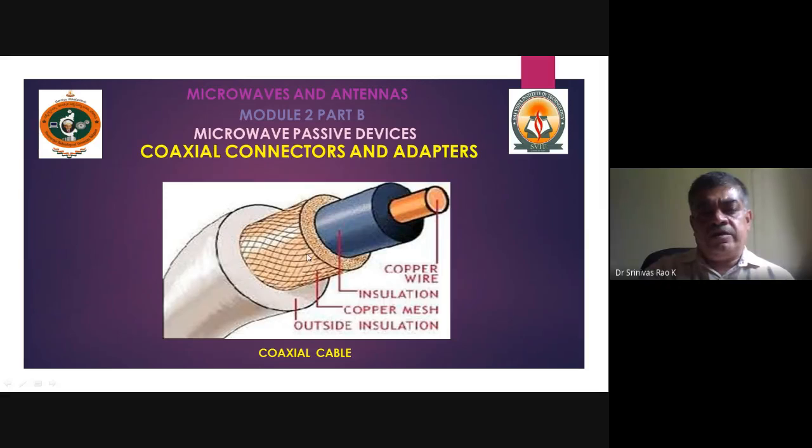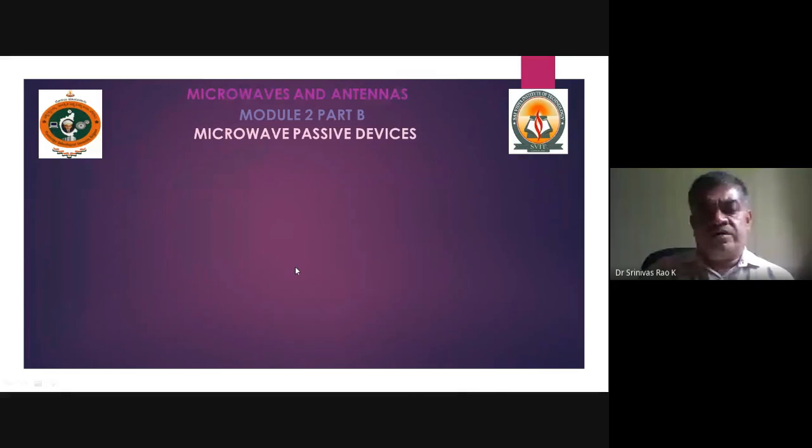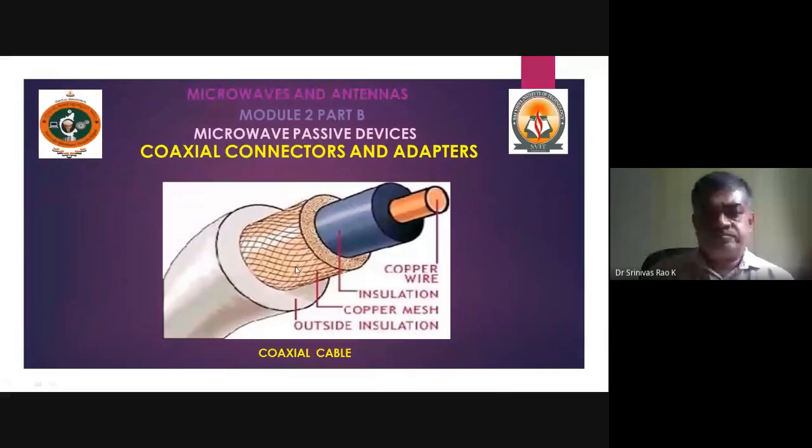Then we have a kind of copper mesh wire, which is also a part of the cable. This has copper stripping like this, a perforated copper cable. Then we have the outer cover, that is insulation, a plastic polyvinyl material used to cover these things. So this is a coaxial cable.